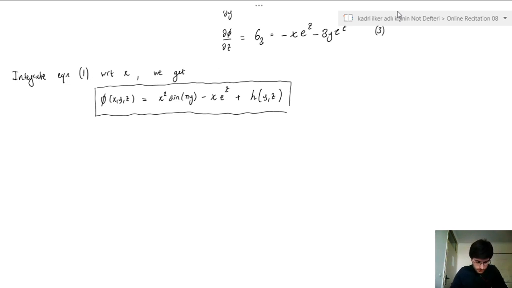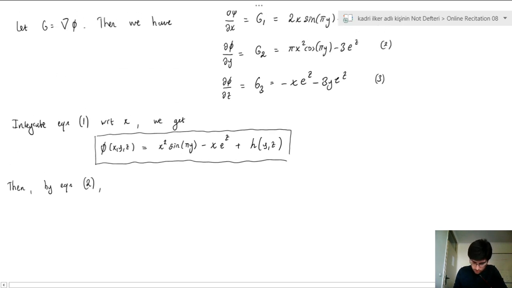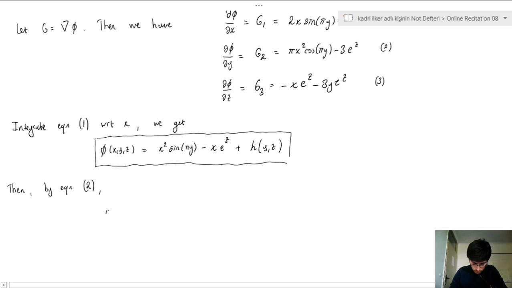Okay, so let's see what we have. Then we have two equations, actually, that we haven't used yet. Then by equation 2, for instance, let's see what we have. Equation 2 tells us this thing, cosine pi y minus 3e to the z. So this is exactly what equation 2 tells us. This should be del phi del y. But we can compute del phi del y now, because we know the very general form of this function phi.